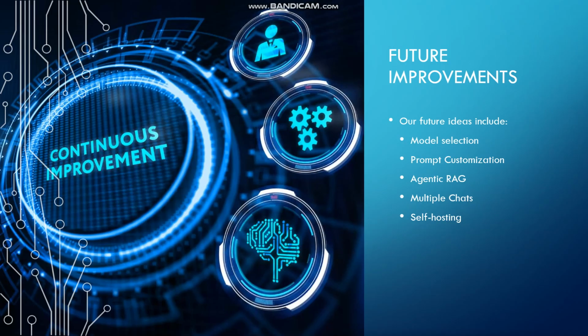Some improvements that we would like to share in later versions include model selection, because currently we only offer Meta's Llama 3. We'd like to offer prompt customization, which is the ability to just customize how the LLM responds to the context it's given and how it answers its questions.